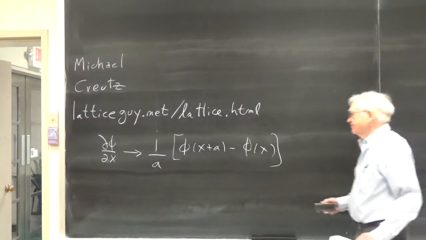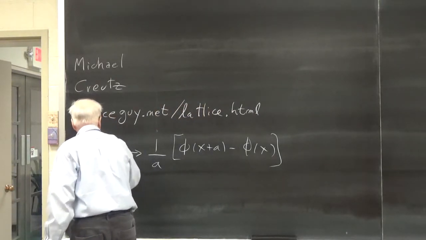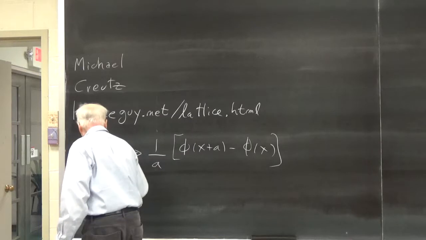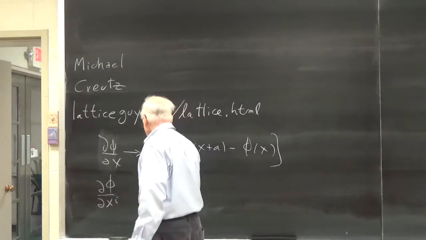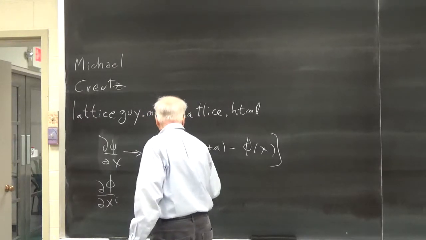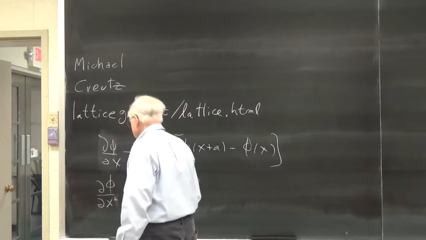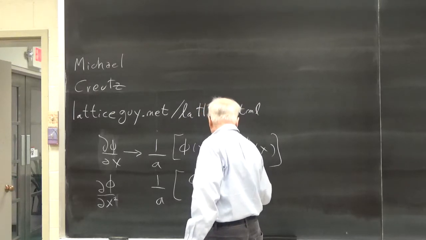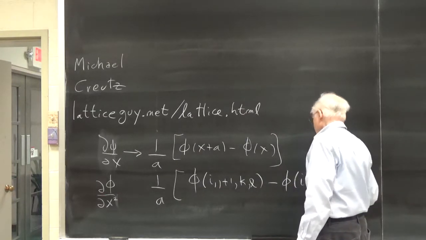But of course this is on a lattice, so you don't have phi of x. What you actually have is the derivative with respect to, let us say, x_i, and this is 1 over a, and suppose this is x2, then this would be phi of i, j plus 1, k, l minus phi of i, j, k, l.